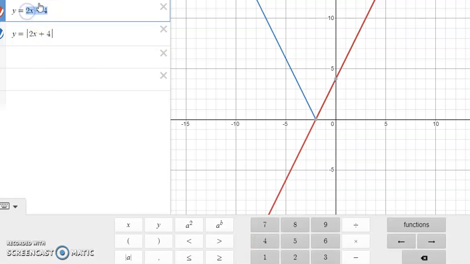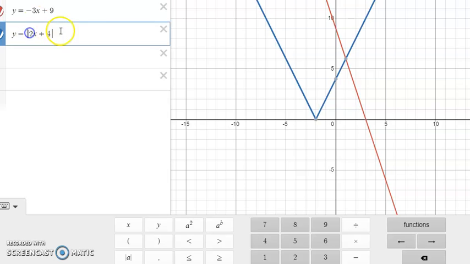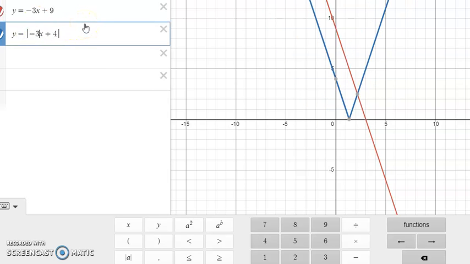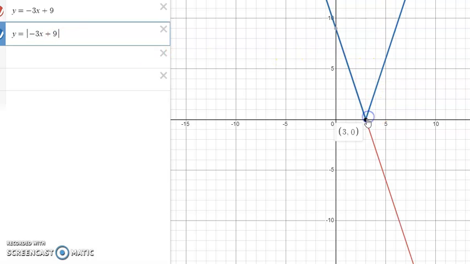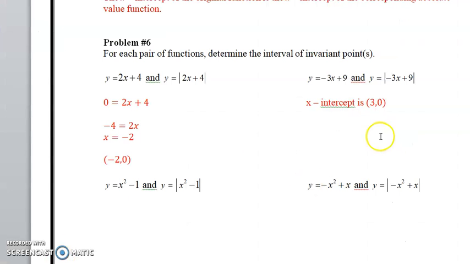It's negative 3x plus 9. So we'll put the absolute value of negative 3x plus 9. The invariant points are all the ones prior to that, to the left side of that x-intercept, so all the x values to the left. I'm just showing you where it starts here.